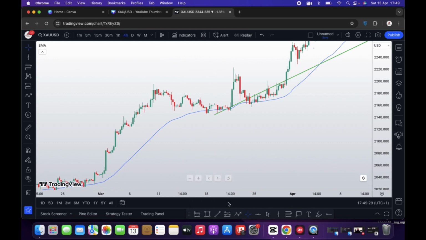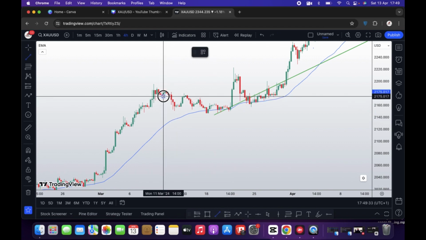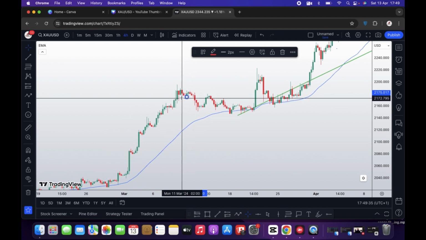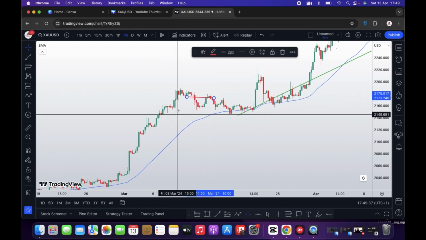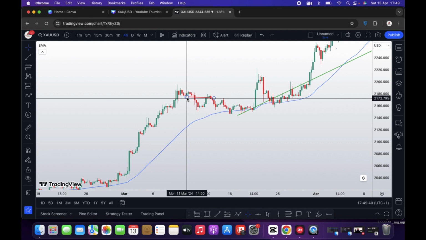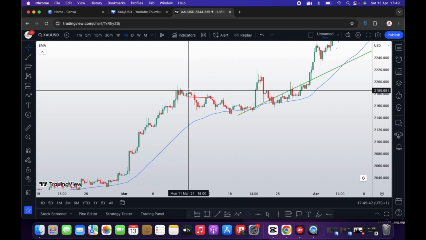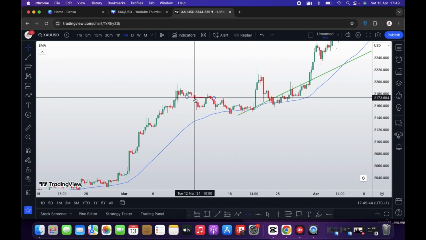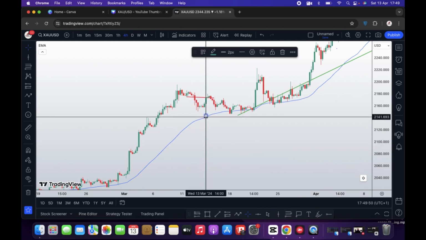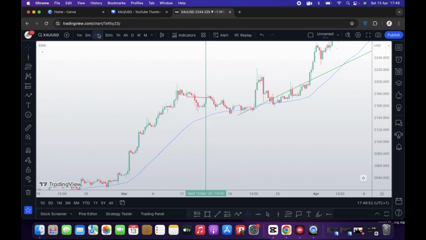Okay, look at here. This is where market takes out this low. You can see that this is the high, this is the low, and there are two buys here. This is the higher low, and market took out this lower low here and came back to retest it. Look at it drop. Then let's check the 15-minute time frame whether we can see an entry for sell there.